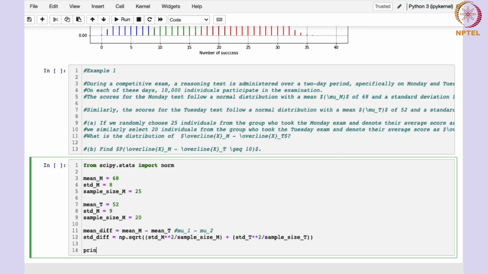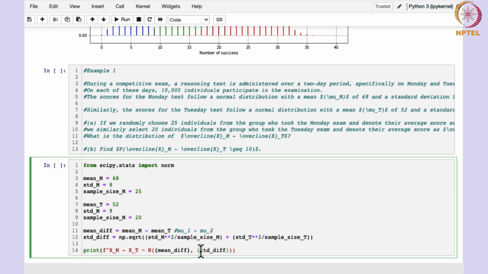Now you can print using an f-string that x underscore m minus x underscore t follows a normal distribution with mean and variance. It is better to write the mean difference in curly brackets, and then you write the standard deviation difference.